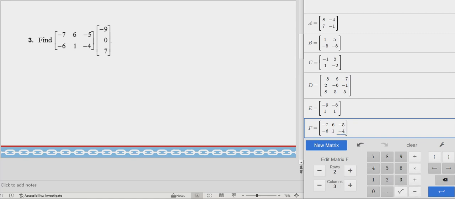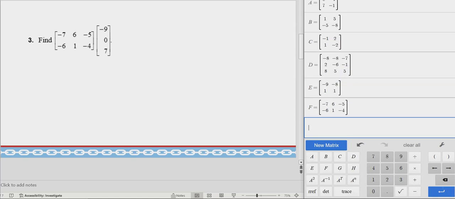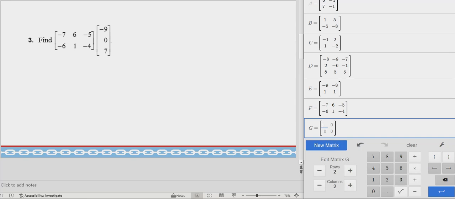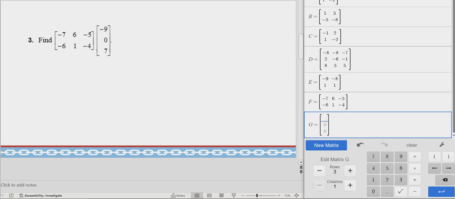So negative 7, 6, negative 5, negative 6, 1, negative 4. And then I hit the enter button. I have some other matrices preloaded, so I'm on to matrix F. And then matrix G will be a 3-row, 1-column matrix with elements of negative 9, 0, and 7.